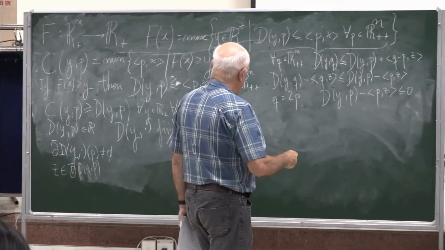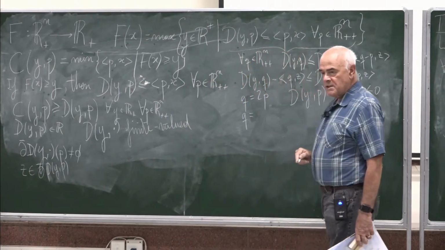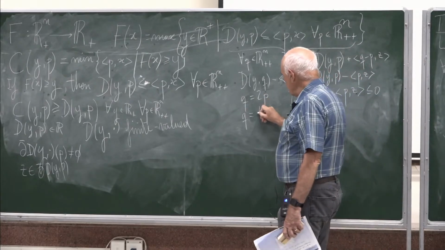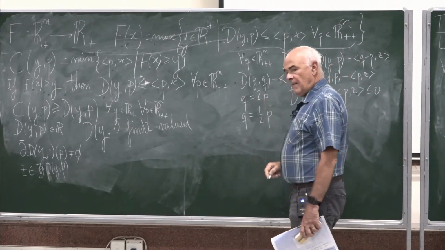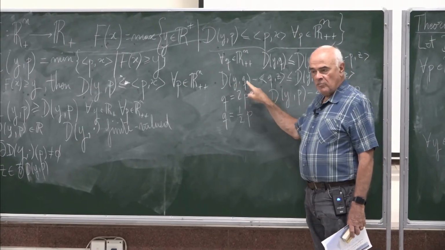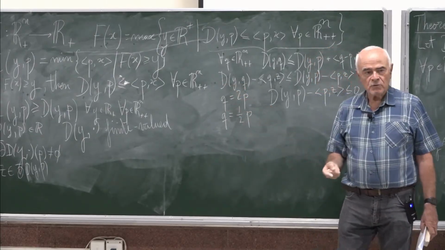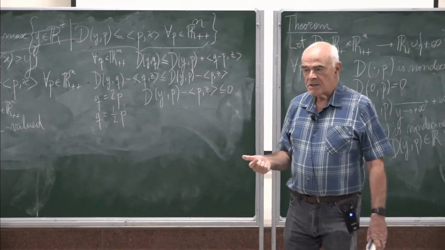But now, as I said, I cannot take Q equal 0, but I can take Q equal 1/2 P. And then in the same way as 2 was a common factor, it came out because of positive homogeneity of D, etc. Now it's the same but with 1/2.